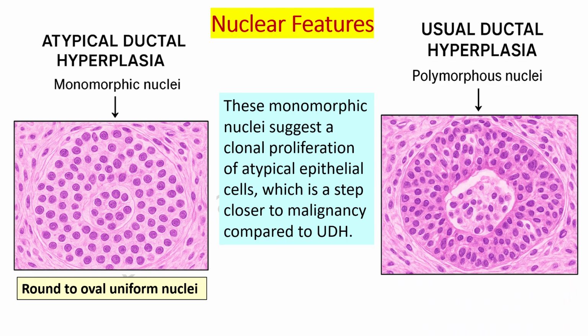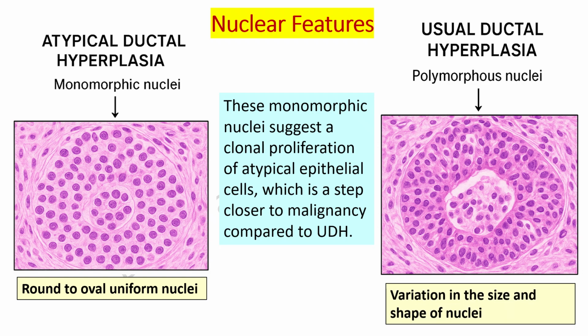In usual ductal hyperplasia, there will be polymorphous nuclei, means each nuclei will not be mimicking one another. So there will be variation in the size and shape of the nuclei. So atypical ductal hyperplasia, monomorphic nuclei; usual ductal hyperplasia, polymorphous nuclei. These are the characteristic features regarding the nuclear features.